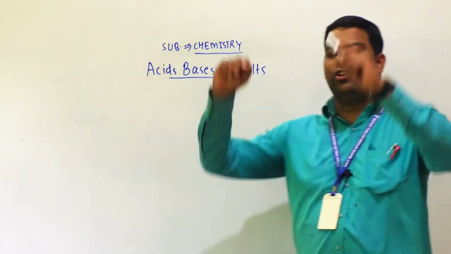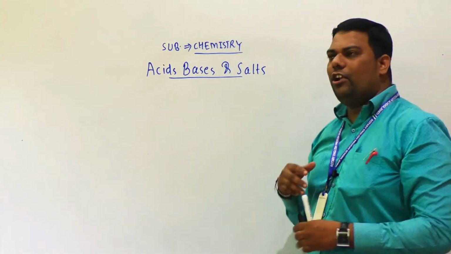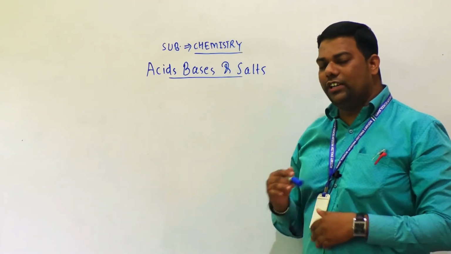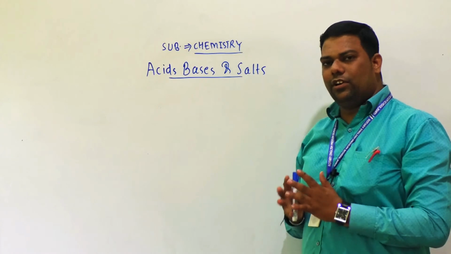Basically, sodium chloride occurs in nature in two main states. Which are those two main states?